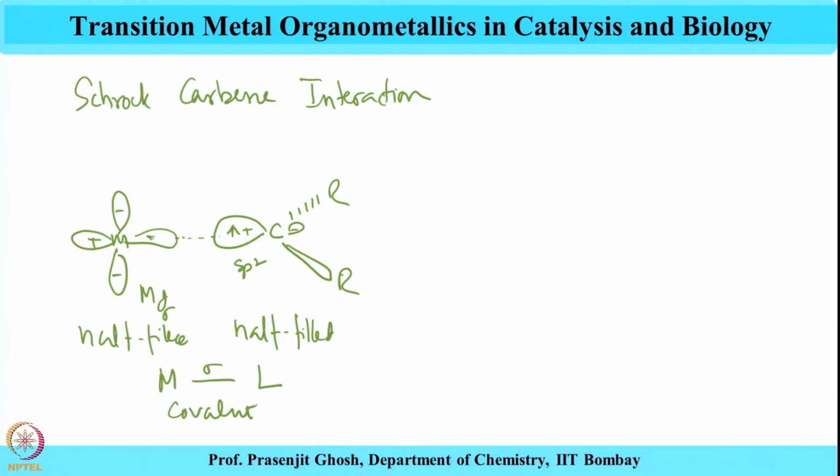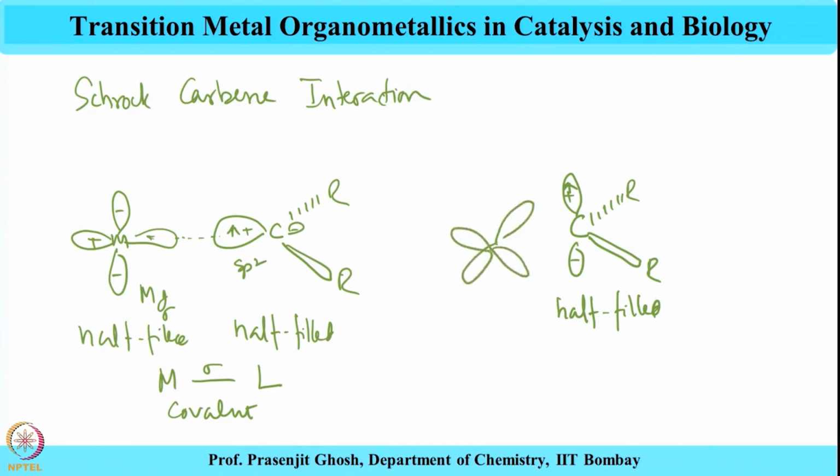Similarly, the corresponding pz orbital having one unpaired electron is also half filled, interacting with the metal d pi orbital which is also half filled, and this is a metal ligand pi interaction which is also covalent.